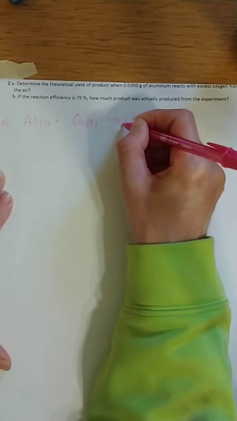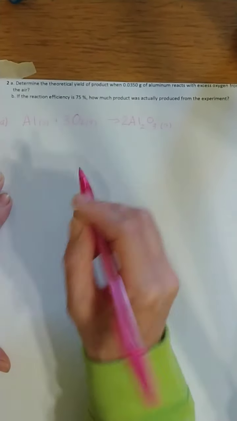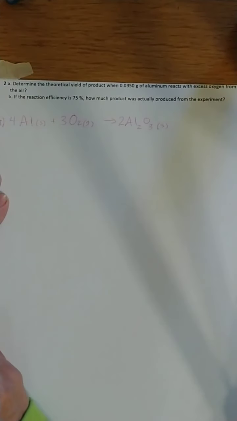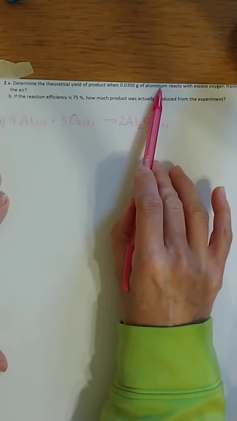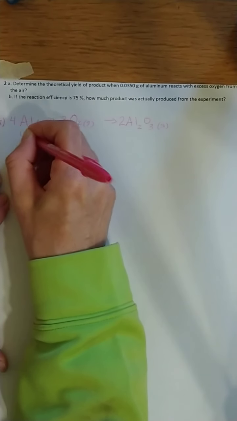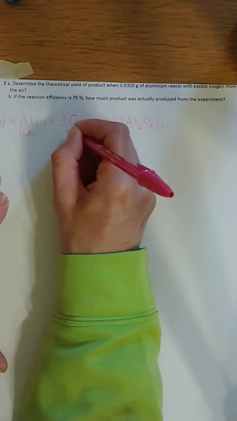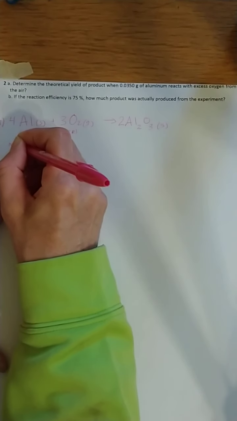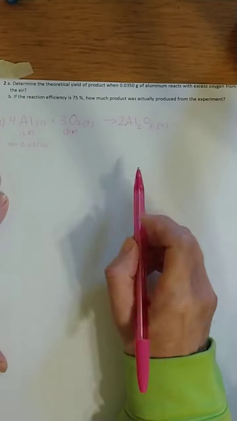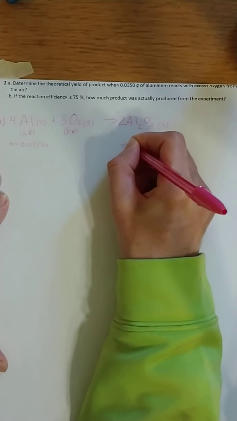So we have to turn this into 6, this into 6. Now you have 4 Als, and that goes over here. Okay, so it's giving you the mass of aluminum with excess O2. So this is your LR, this is your ER, and the mass that you're given is 0.0350 grams, and what we want to do is find the mass of this.